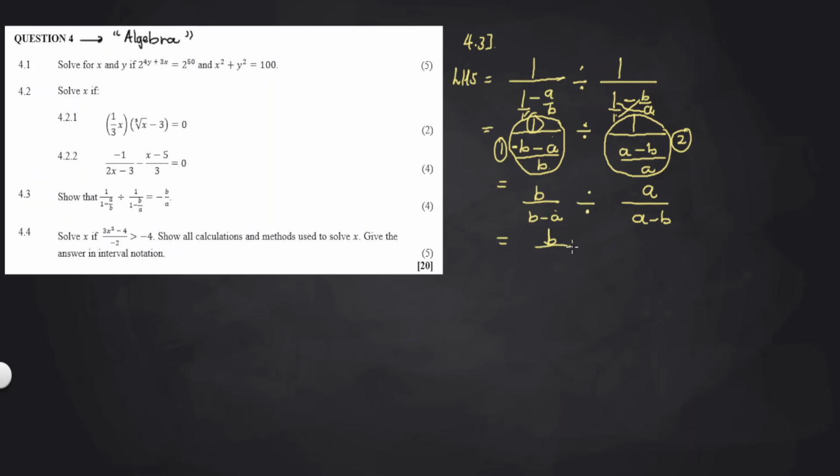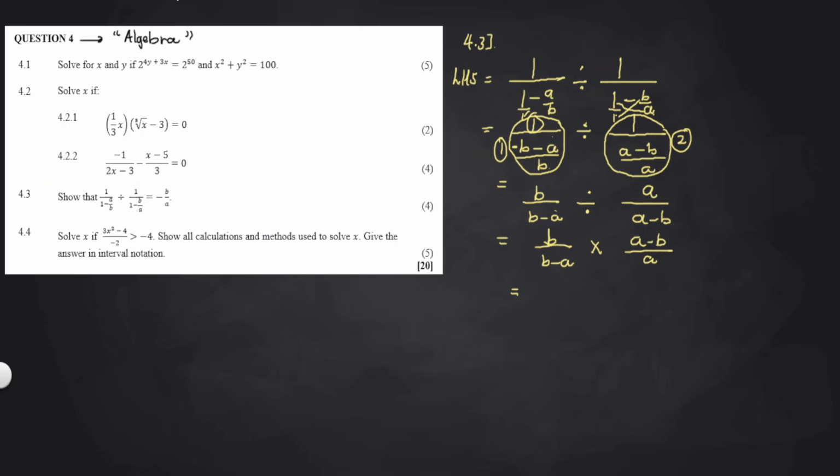So that's going to be b over b minus a, tip and times, a minus b over a, equal to, right? This somewhat looks the same as this, right?